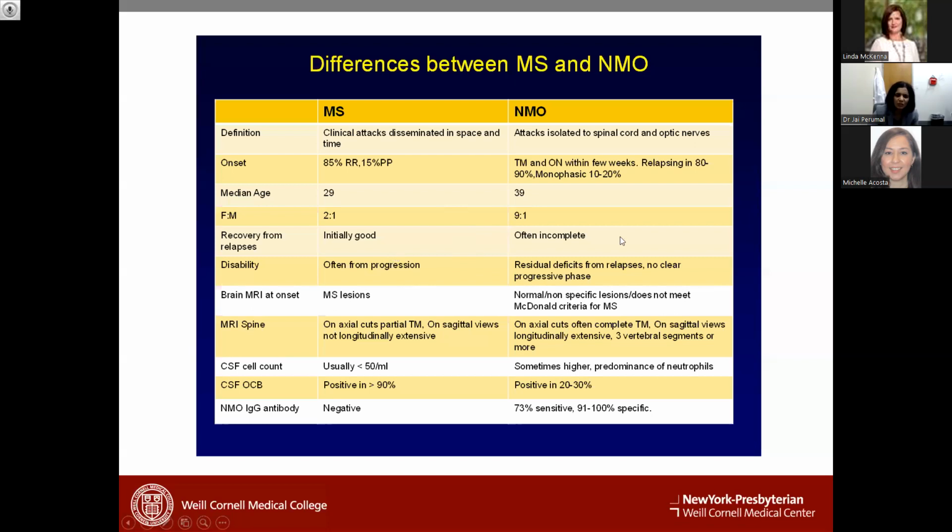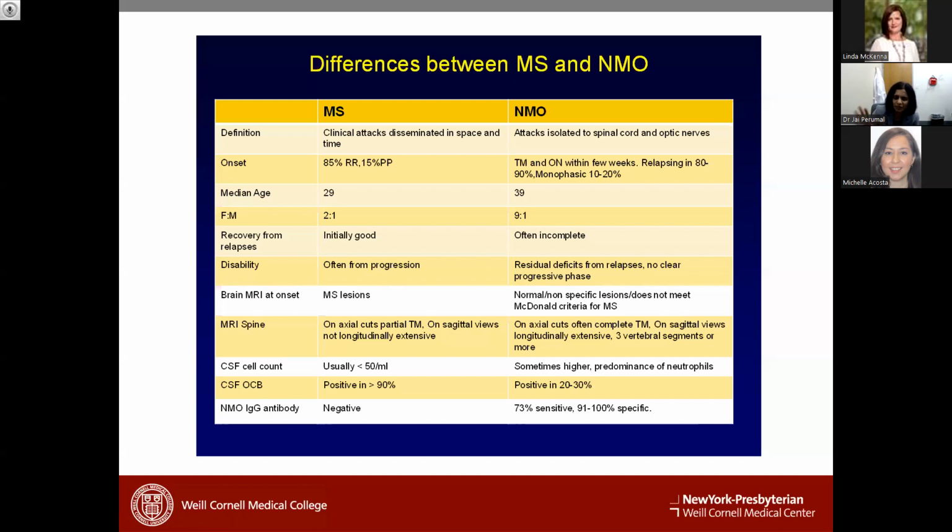In NMO, these are the patients that often end up getting plasma exchange or IVIG after steroids, corresponding to how their MRIs look. Those lesions are much more drastic, and they might need a lot more than steroids to recover. Disability we talked about. For lesions, you see typical lesions in the brain for MS. Initially, when they defined NMO, or Devic's disease, as it used to be called, they said you cannot have any lesions in the brain.